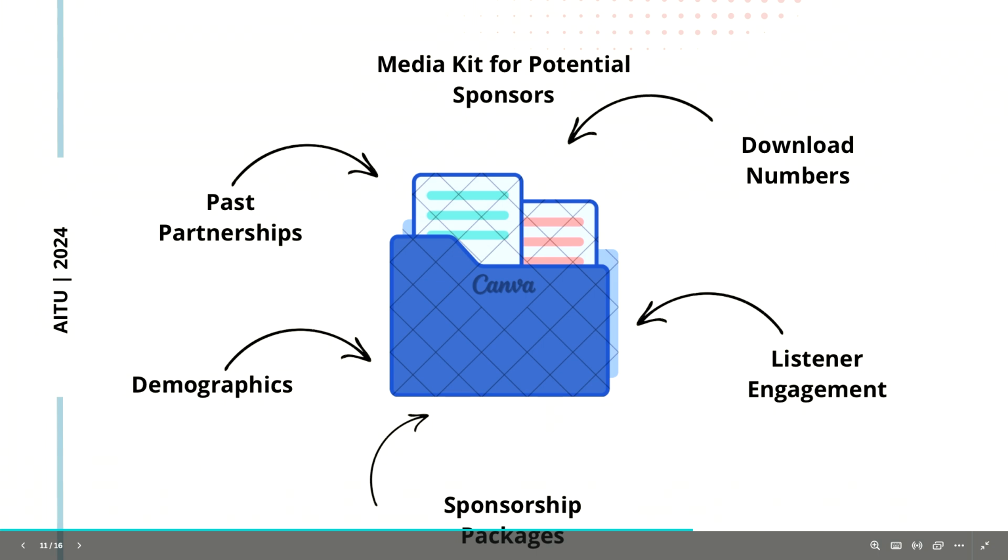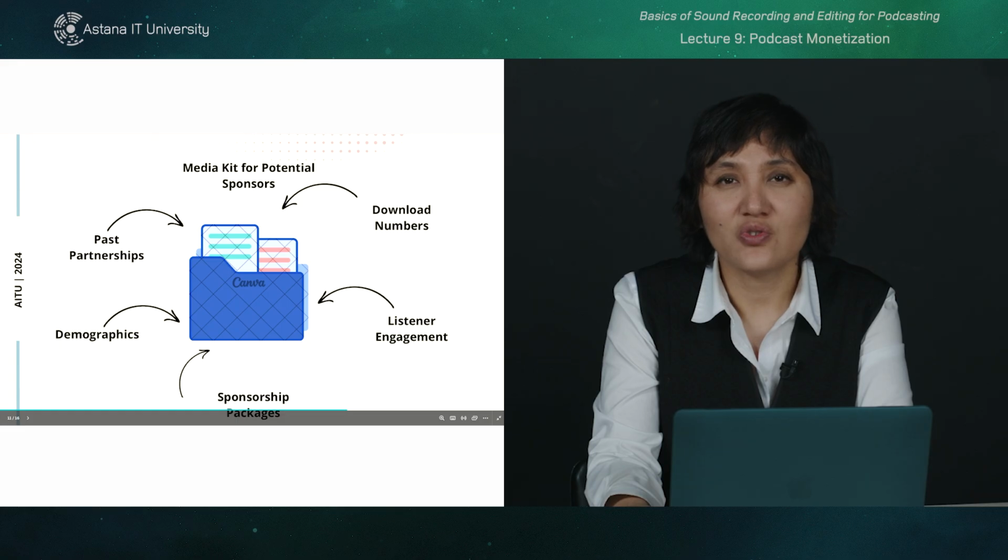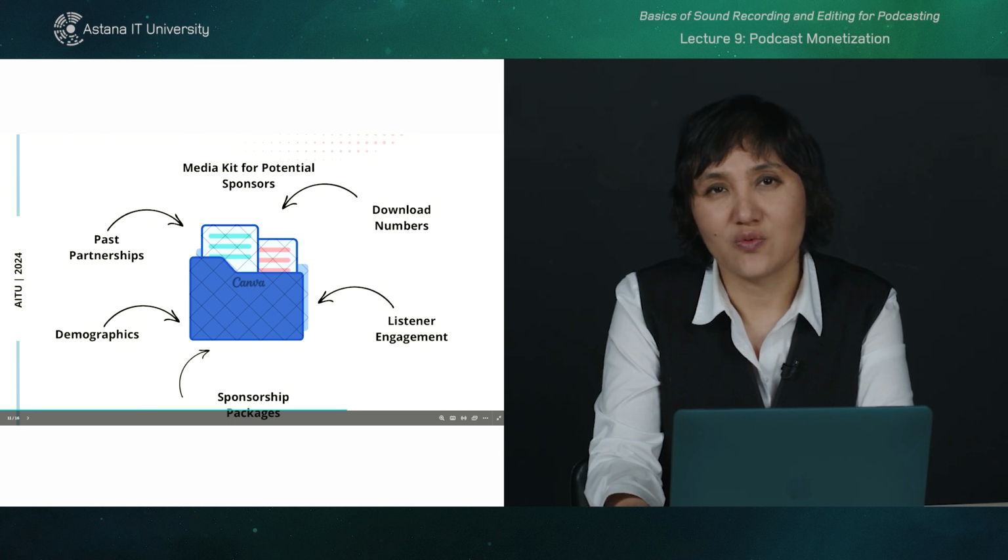It's crucial to demonstrate the value of podcasts to potential advertisers. A media kit is a professional document that provides essential information about your podcast, your mission, your values, helping potential sponsors understand the unique features of working with you.